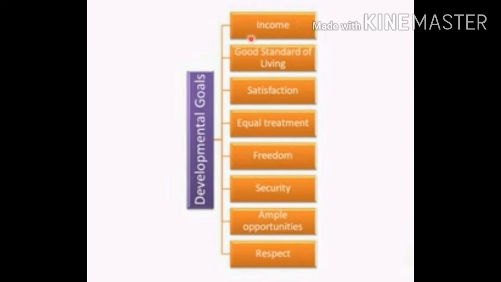Let's start with the first, a good standard of living. As a citizen of the country, every citizen wants to improve their standard of living, and their standard of living increases after their education and after they get a job. Then in their life they also want satisfaction, and without any discrimination every citizen wants equal treatment, and every citizen has a right to freedom.